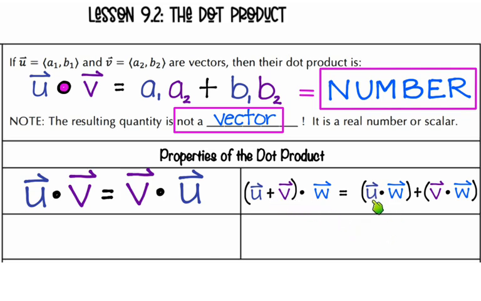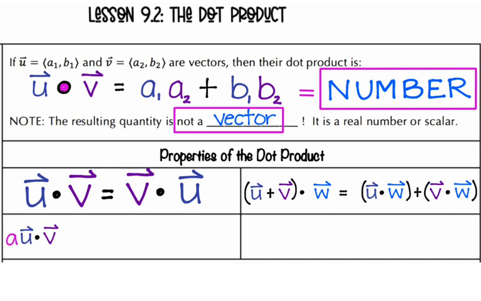So once again, I'm going to end up with a dot product, which is a number, plus another dot product, which is another number. When you add two numbers together, you get a number, and that's the result of this, okay? Here I've got a scalar times one of the vectors. So this could be like 3u or 2u, where I'm multiplying one of the vectors by some scalar.